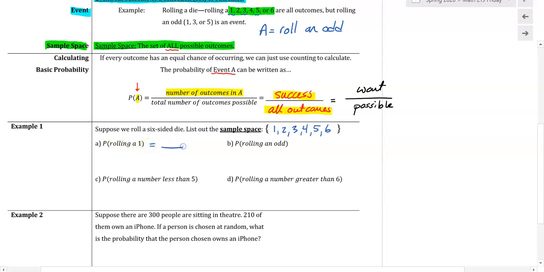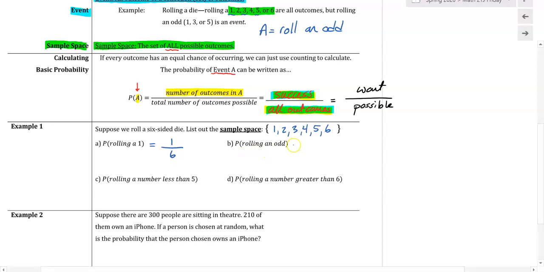Well, again, probability is the number of ways I can succeed at doing that divided by all the possible outcomes we have in our sample space. So the number of ways I can succeed at rolling a 1, well, there's only one way to do that. It's to get the 1. So there's one way to get a 1, and there's 6 possible outcomes that could happen. So the probability of rolling a 1 is 1 out of 6.